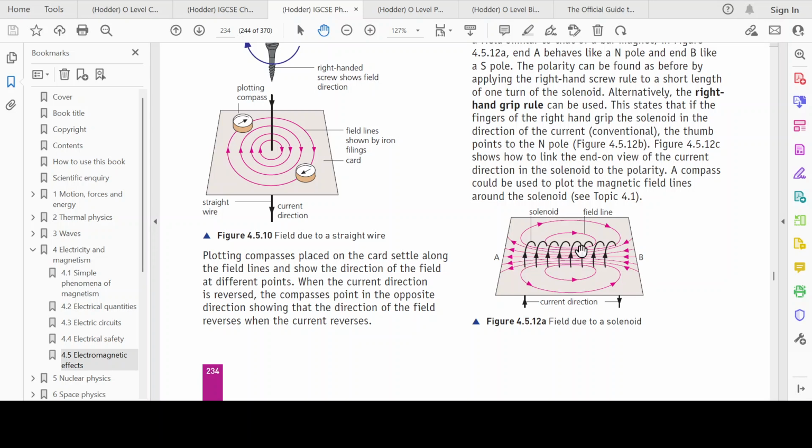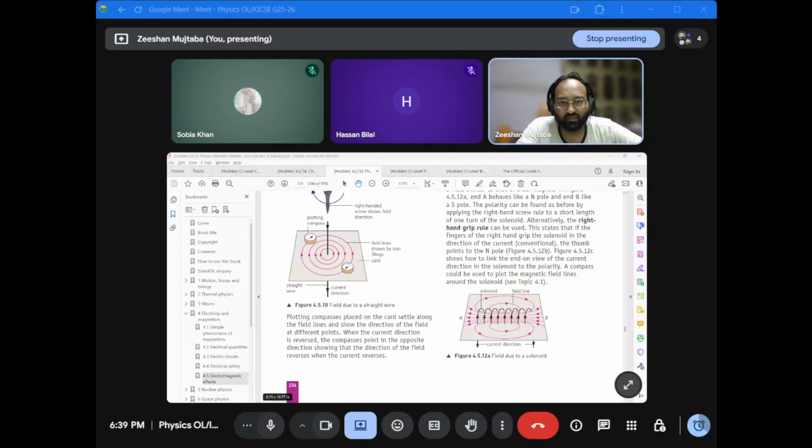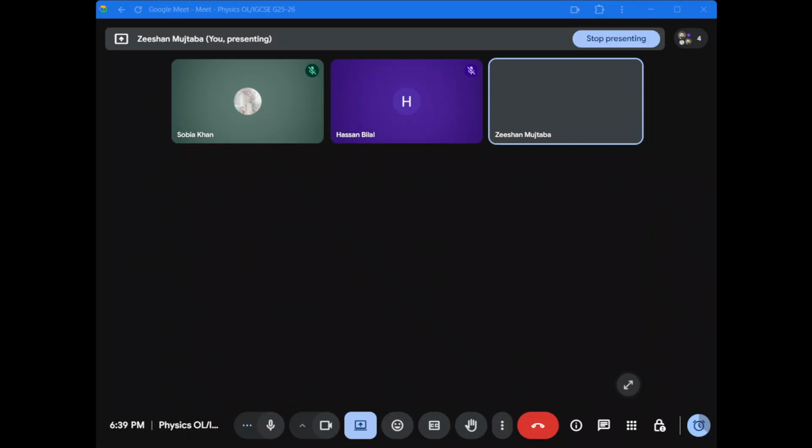You can see that if you point with the direction, the magnetic field lines are quite varied, because the coil is going round and round over this piece of iron.